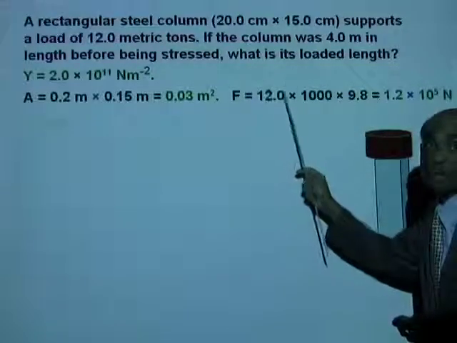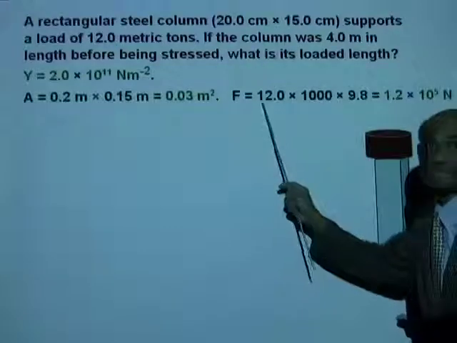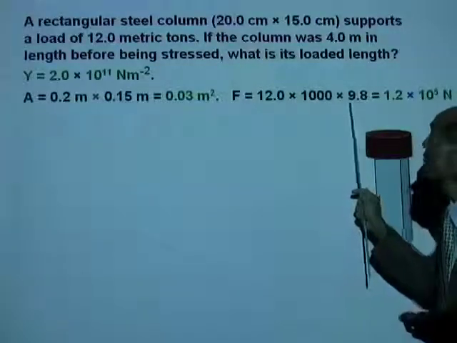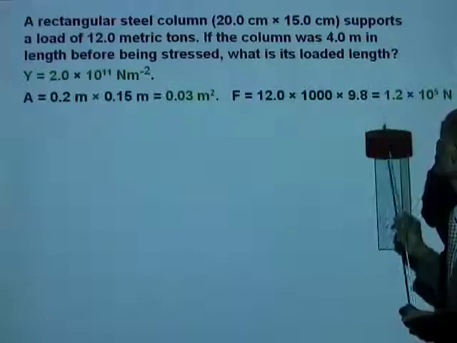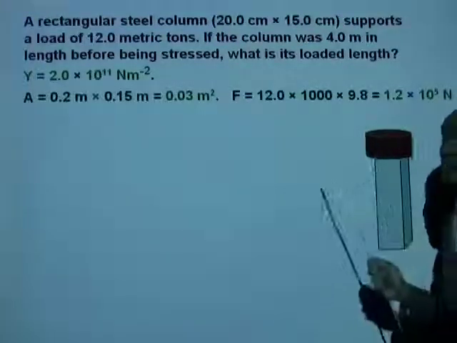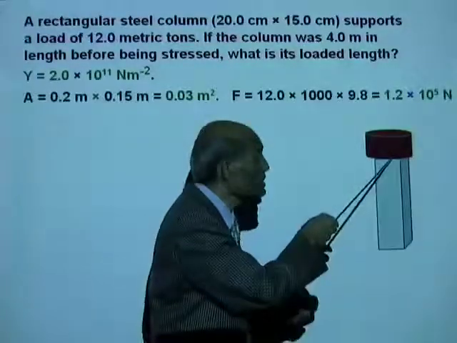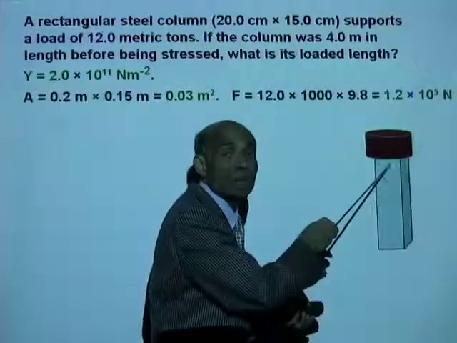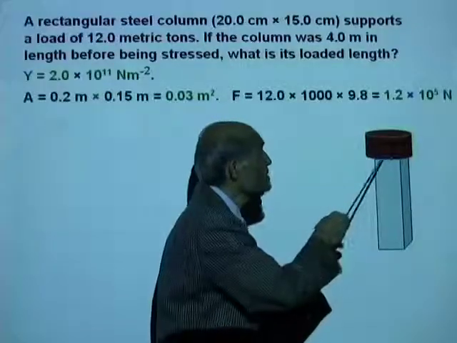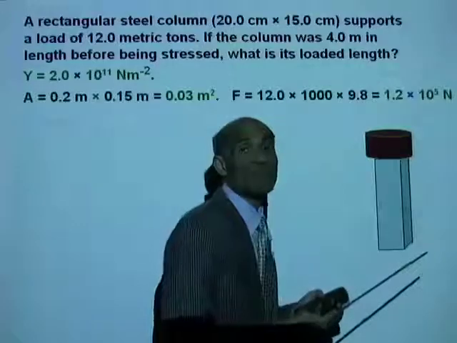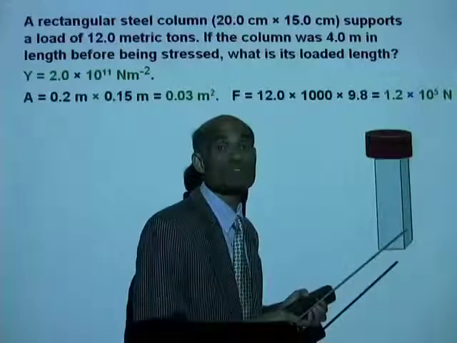The mass is 12 times 1,000 kilograms. Multiply that by 9.8. You get 1.2 times 10 to the power of 5 Newton. And that is the force that is acting on that column. The total force acting on the column is 1.2 times 10 to the power of 5 Newton.